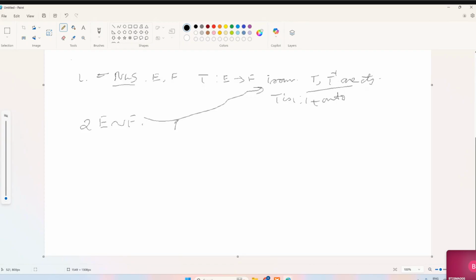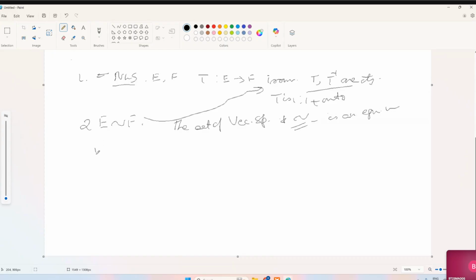Then the set of all vector spaces under this relation is an equivalence relation.